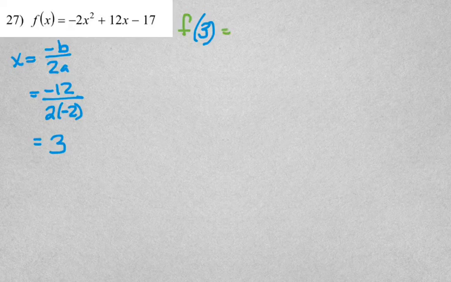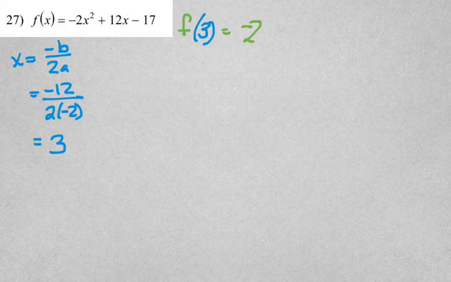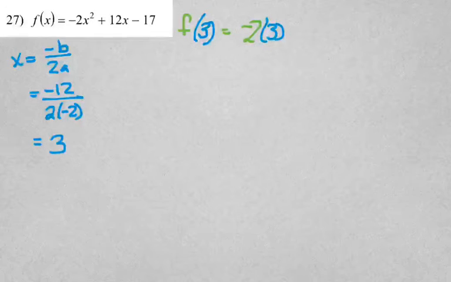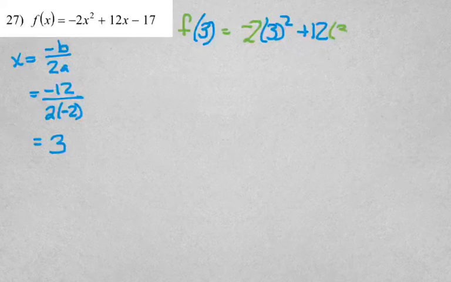And so that means I'm going to take that negative 2 and I'm going to multiply it times 3 squared plus 12 times 3 minus 17.